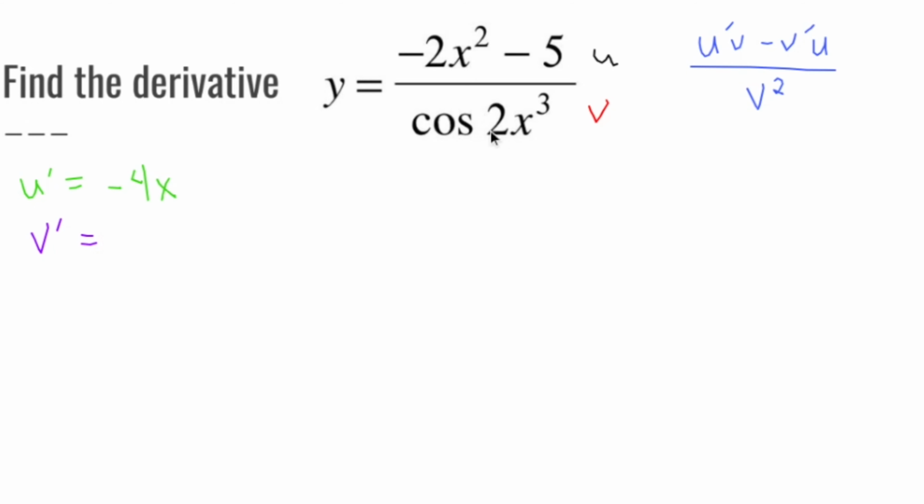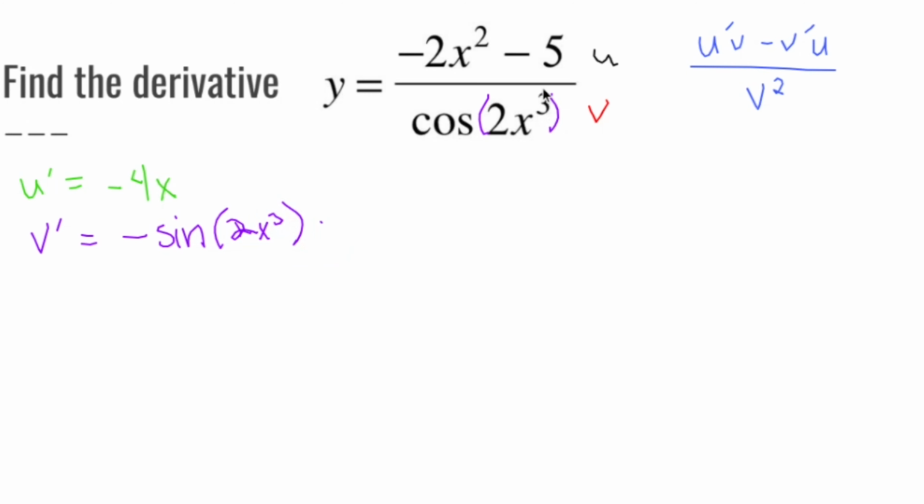So chain rule is going to be the derivative of the outside, keep the inside, which I'm putting in parentheses, but then multiply the whole thing by the derivative of the inside. So the derivative of the outside is going to be the derivative of cosine, negative sine. Again, chain rule is the derivative of the outside, keep the inside, multiply everything by the derivative of the inside.